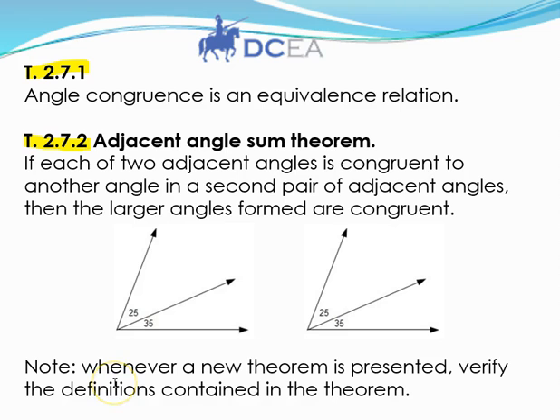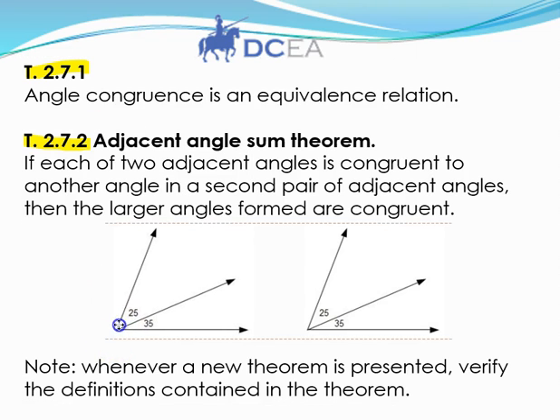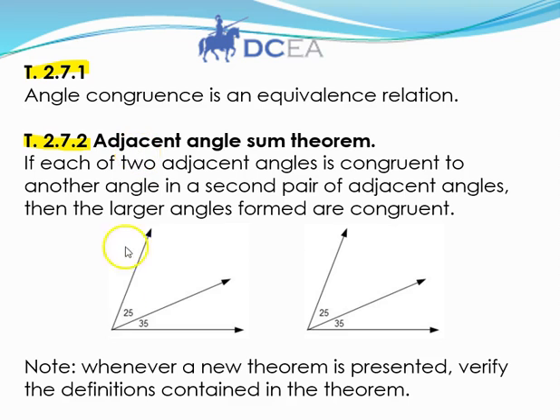Whenever a new theorem is presented, we need to make sure that we verify the definitions that are contained in the theorem. The definition adjacent means coplanar angles with a common side but no common interior points. So the common side of these two angles is right here.